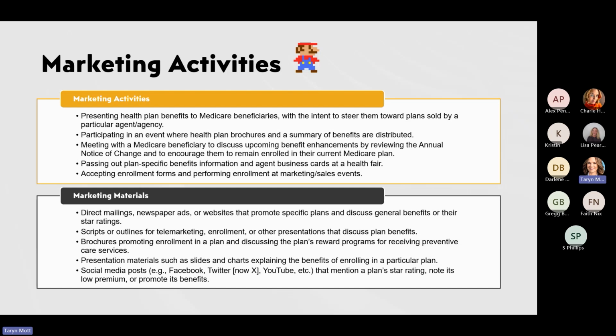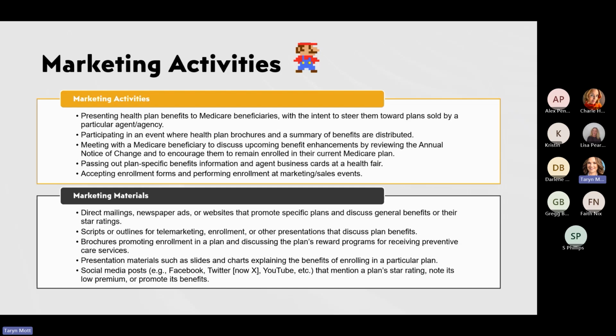I will always say that every time I read this, retention is marketing. Passing out plan-specific benefits information, agent business cards at a health fair is also a marketing activity. Accepting enrollment forms and performing enrollment at marketing sales events. Those are all things that are marketing activities.